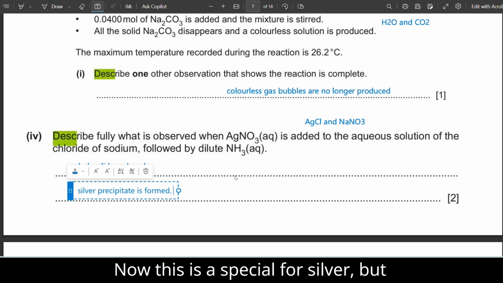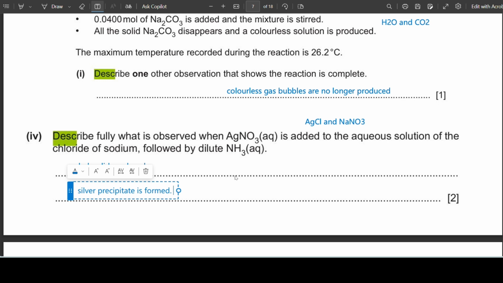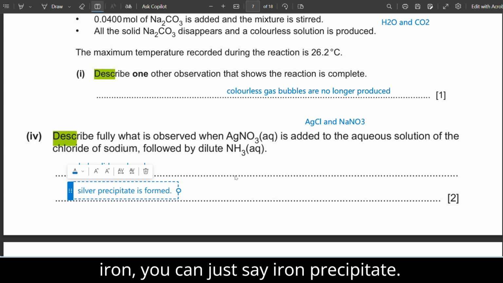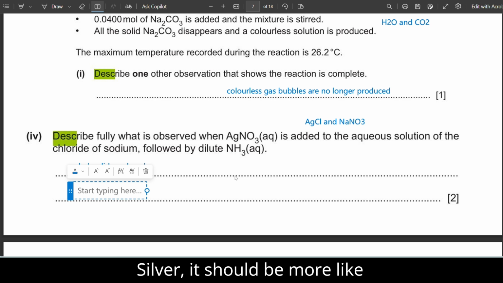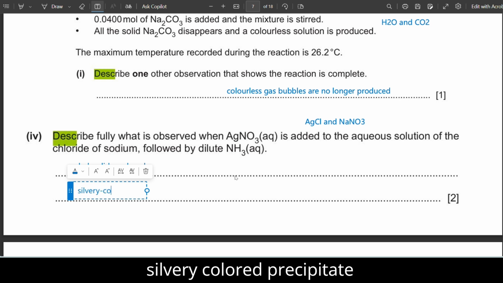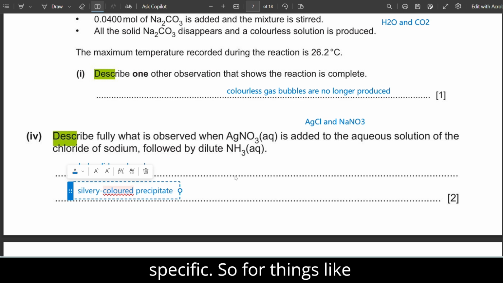Now this is special for silver, but for others, like let's say copper or iron, you can just say iron precipitate. Sorry, for silver I should not be saying silver precipitate. It should be more like: silvery colored precipitate is formed. Yeah, this would be more specific.